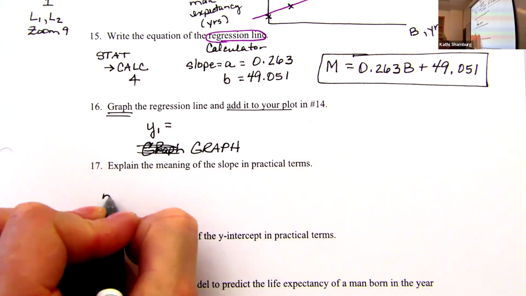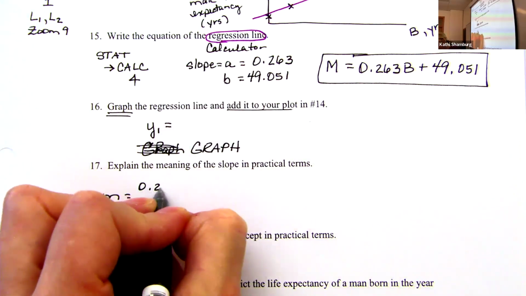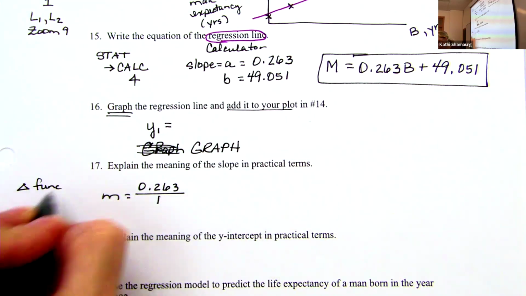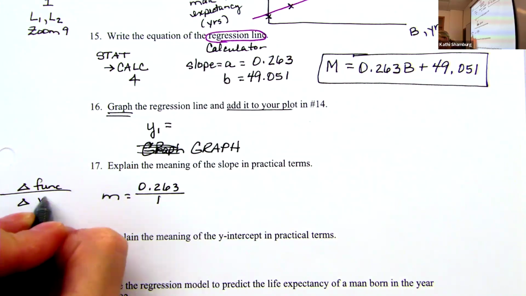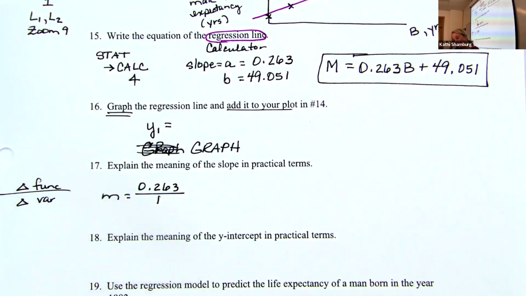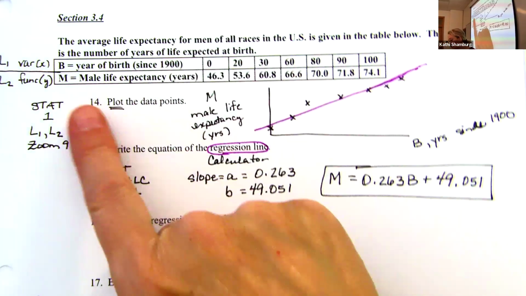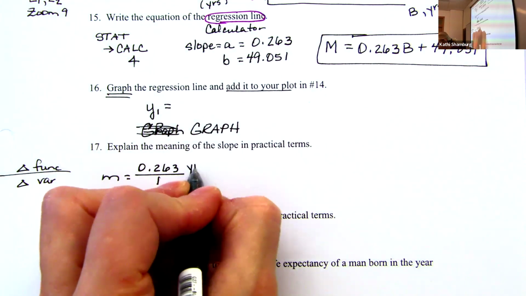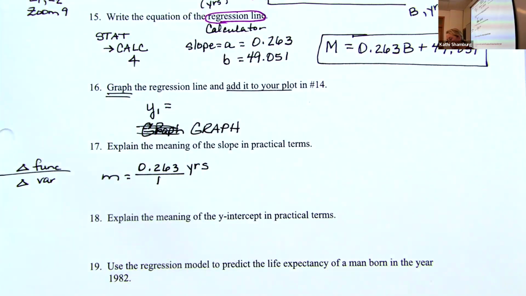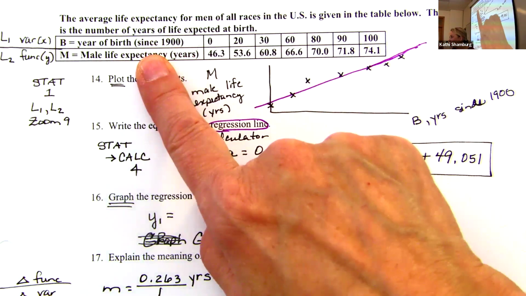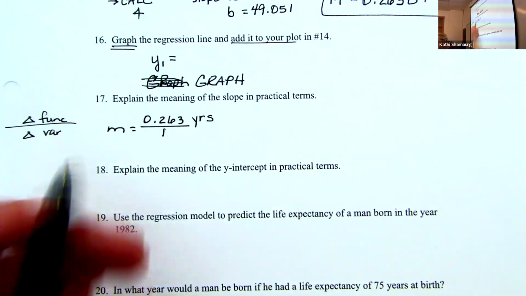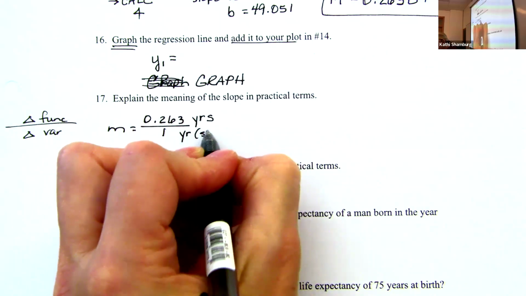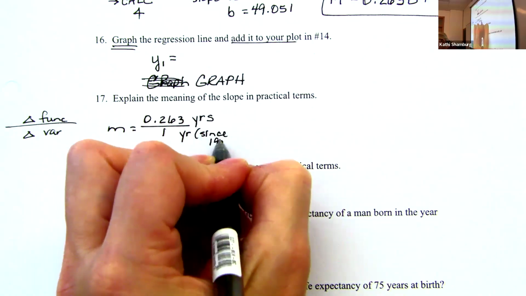Okay, our slope was 0.263 over 1, and again, that's the change in the function over the change in the variable. So when I look up above, the function is life expectancy in years. This is years. And it's per one what? It's also per 1 year, and that is per 1 year since 1900.